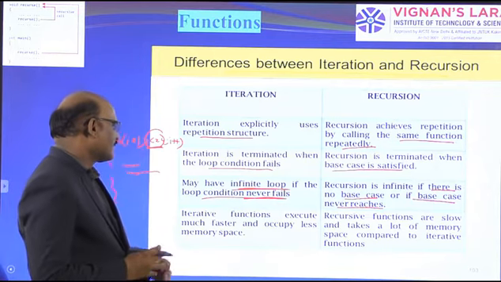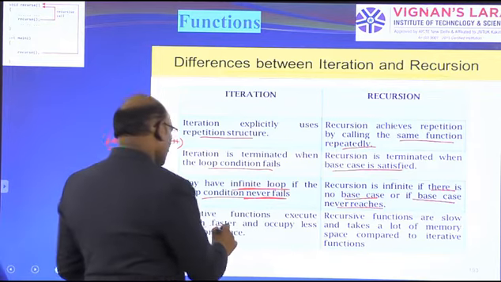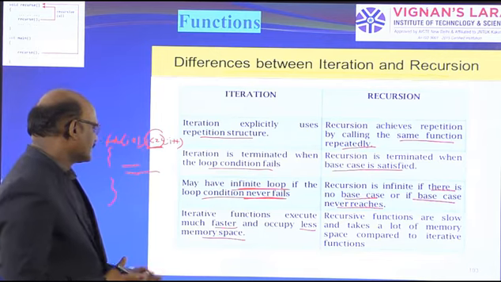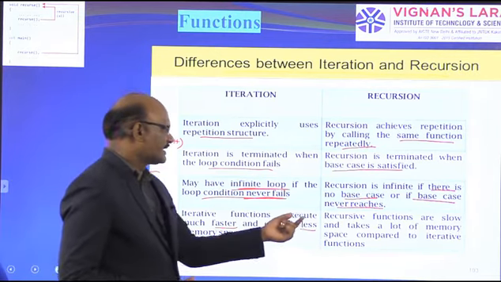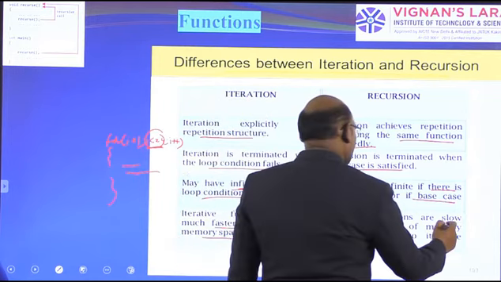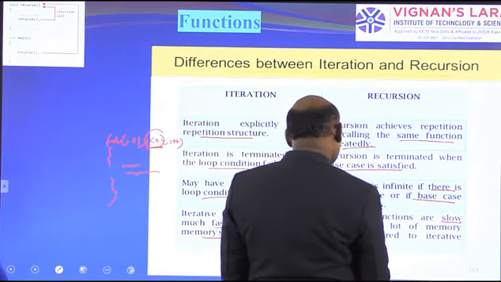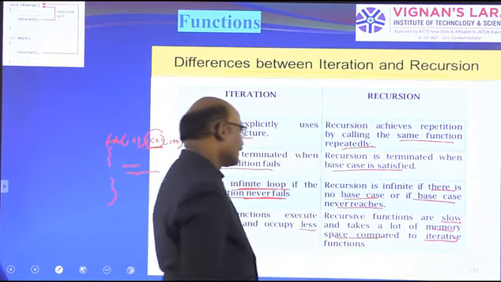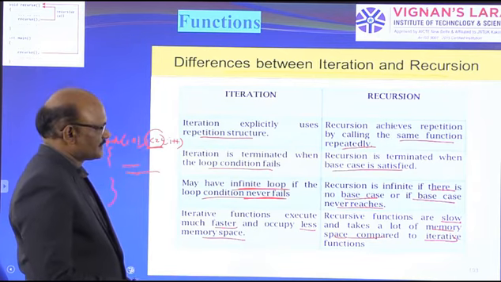Next, iterative functions execute much faster and occupy less memory space, whereas the recursive functions are slow compared to the iterative ones, and also occupy more memory space compared to the iterative functions.